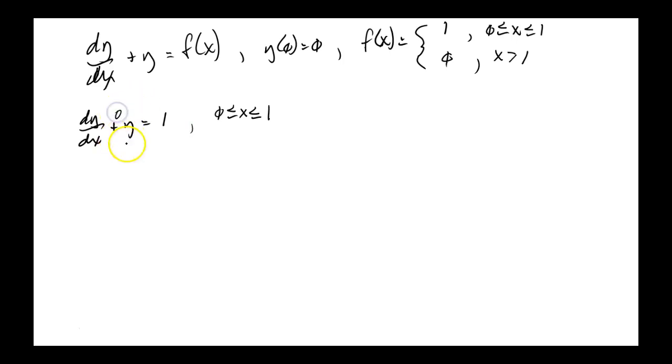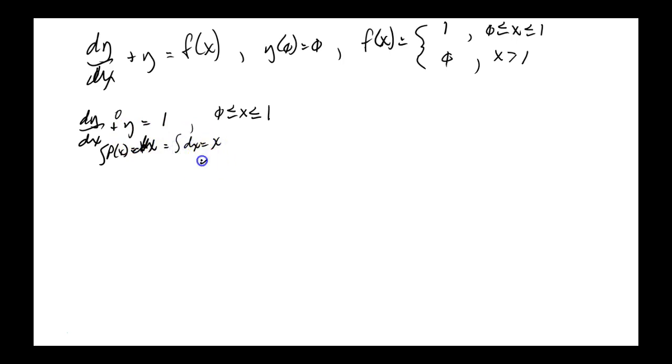First, identify your p of x. Your p of x is equal to 1. And what you do with that? You exponentiate it, I'm sorry, you integrate it. Sorry, I'm e-ing too fast. You integrate that dx. The integral of dx is equal to x.